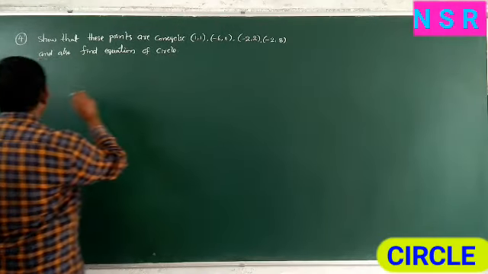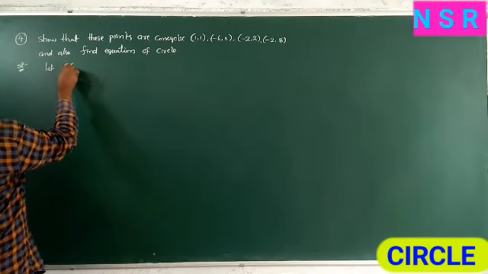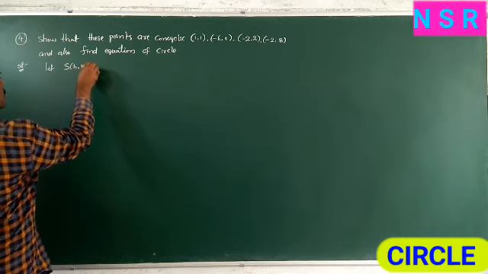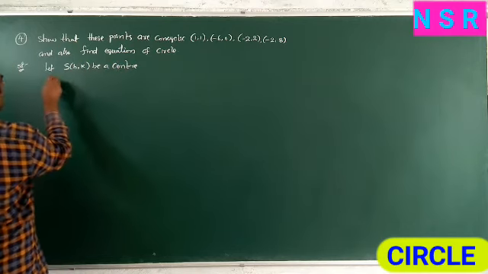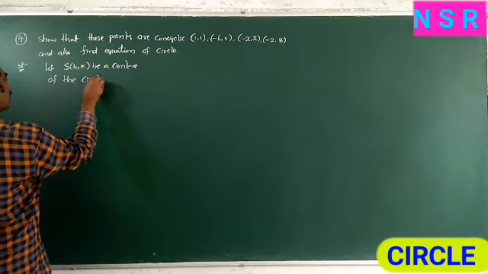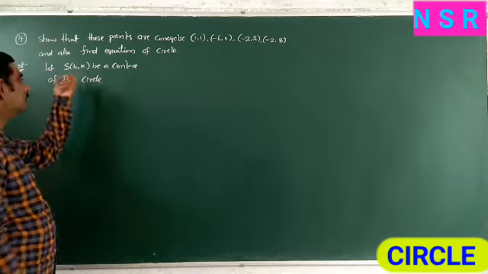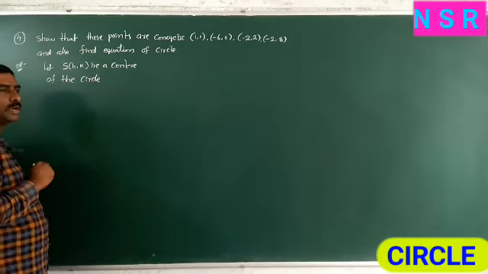So first, let us consider S(h, k) to be the center of the circle. Why are we considering the center of the circle? Because the distance from the center to these 4 points is equal.